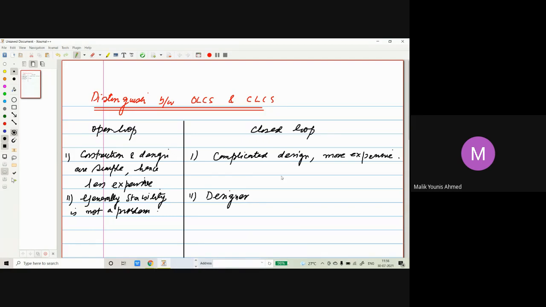That's quite normal. The more instrumentation we have, the more abnormality will come in the system. Designers should be careful as there is a tendency for less stability.